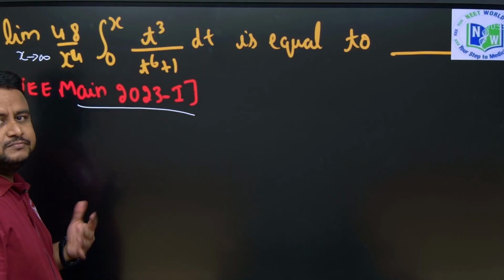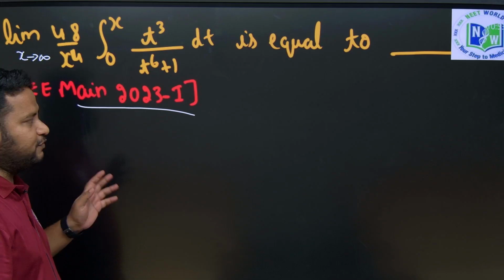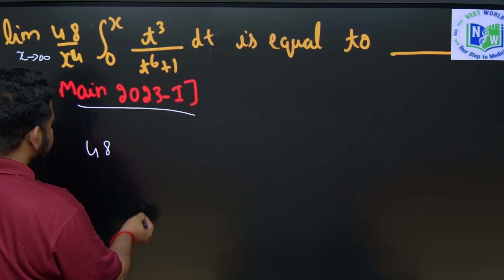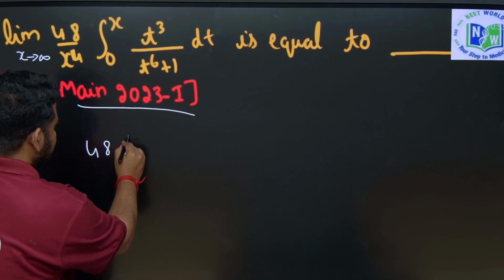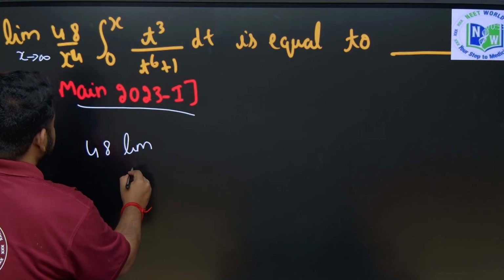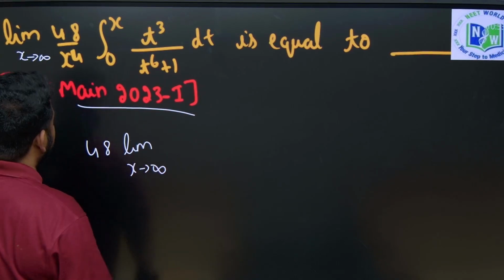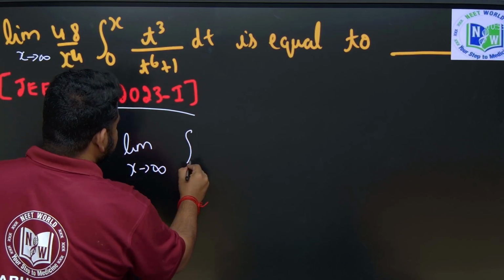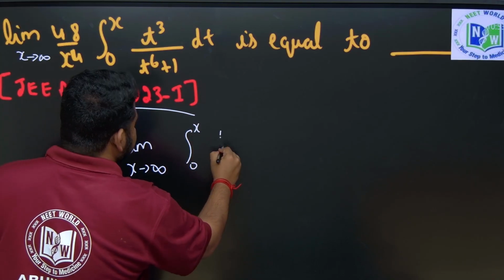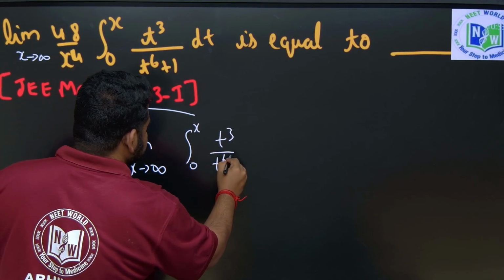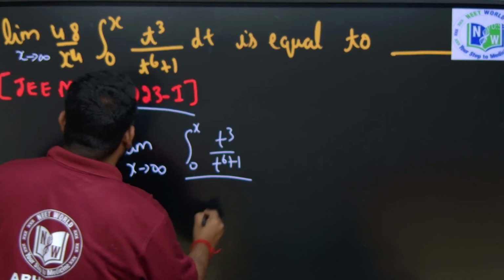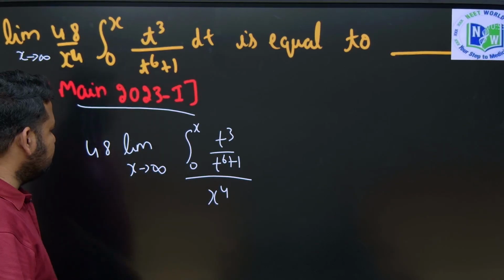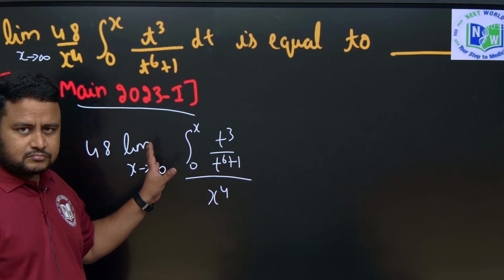Let us use the Newton-Leibniz formula. Here let me take 48 outside because it is a constant value. So limit as x tends to infinity of the integral from 0 to x of t cube by t power 6 plus 1 divided by x power 4, which I will write here.